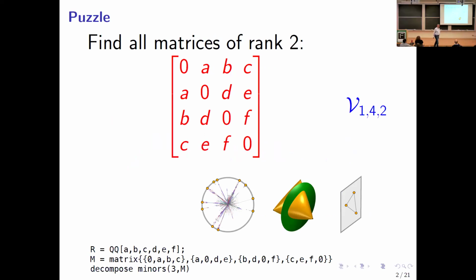So again, that's for the undergraduate students over there. Let's look at a 4x4 matrix, and it's symmetric. It's a symmetric matrix, and I want it to have zeros on the diagonal. So there are 6 unknown parameters, A, B, C, D, E, and F. And the puzzle is to describe all the matrices like this that have rank 2.